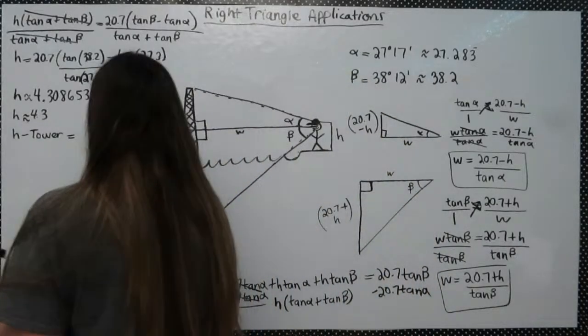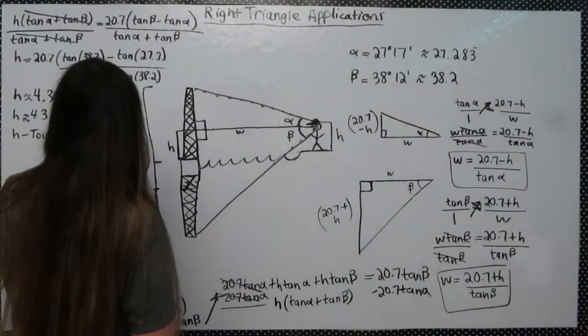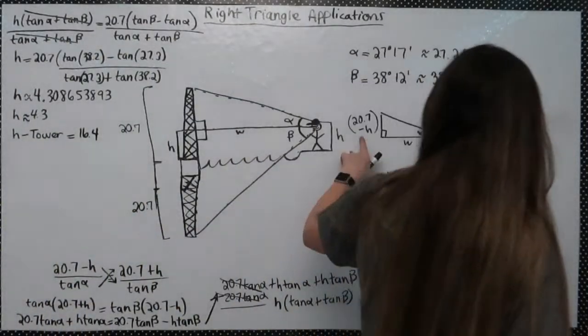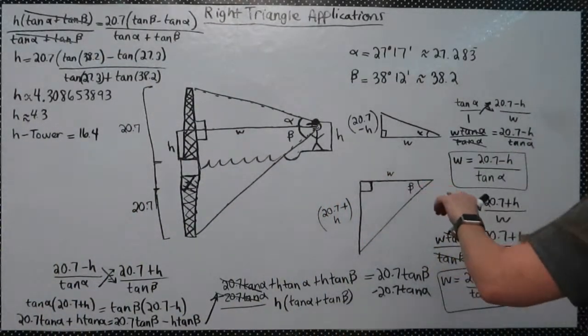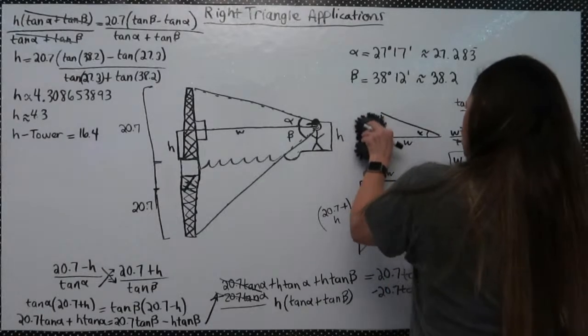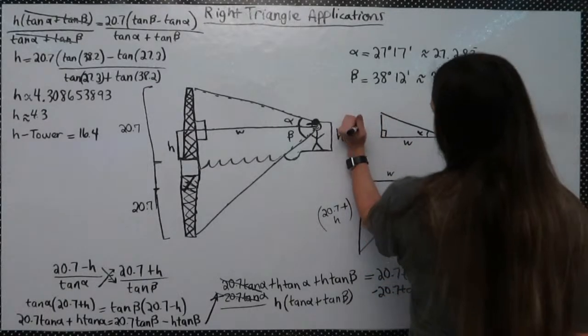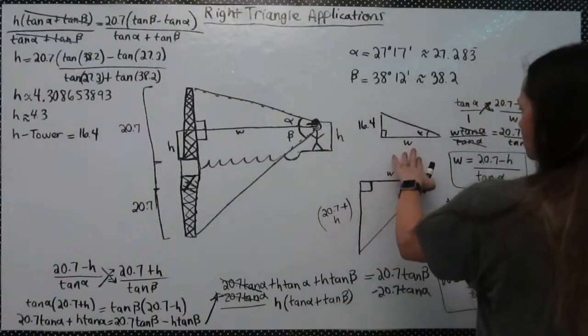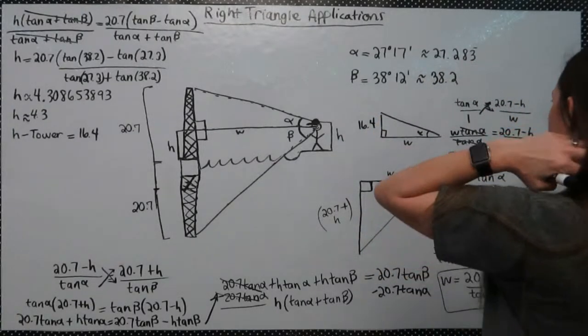I'm getting 16.4. So 20.7 minus h is 16.4. So that is the length that we're going to have to use for this calculation. So now it'll be easy.